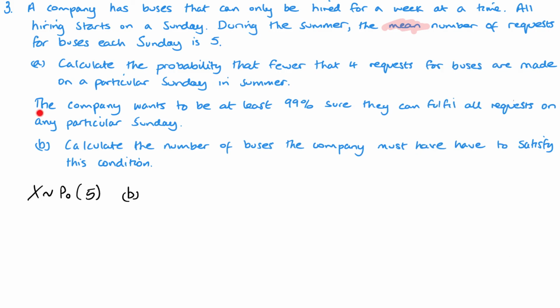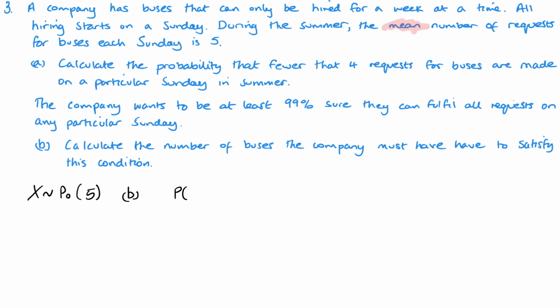Now, for part B, we can see here the company wants to be at least 99% sure they can fill all requests on a particular Sunday. Okay, so what that means is that we're thinking of n, which is what we're going to start off with.